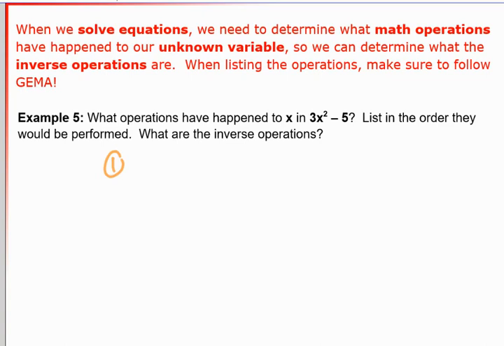So math equations have the first layer, the second layer, and the third layer. We want to go from the closest layer to the outer layer. So what's the first thing happening to it? It's being squared. The x is squared. Okay?